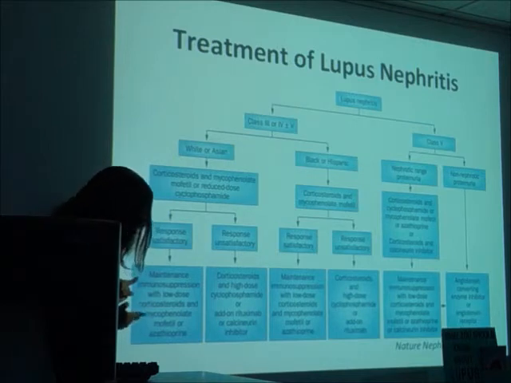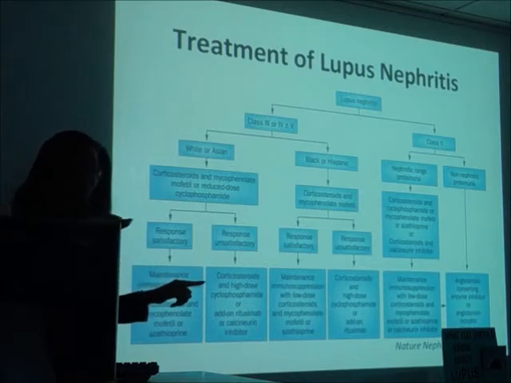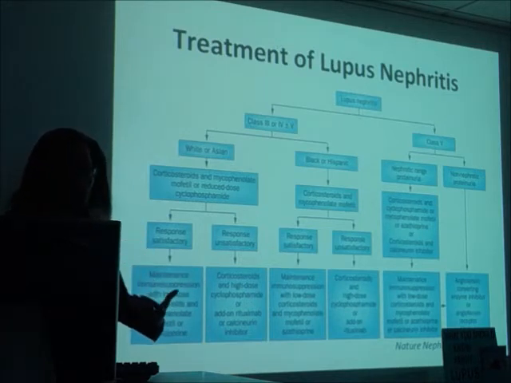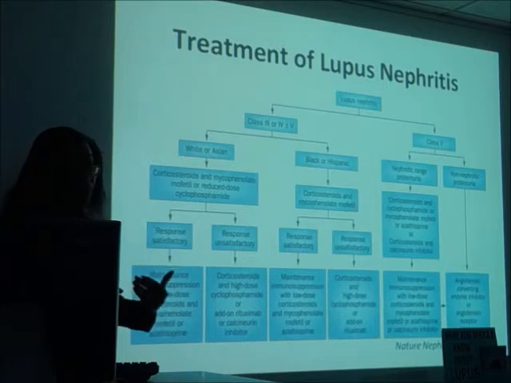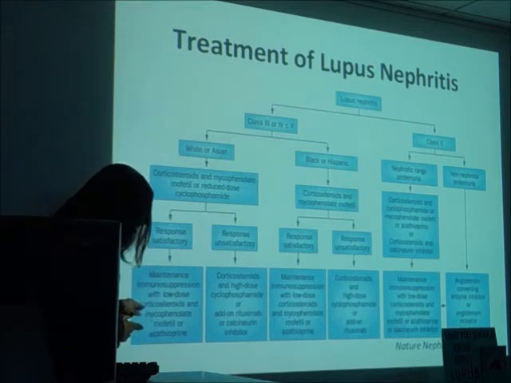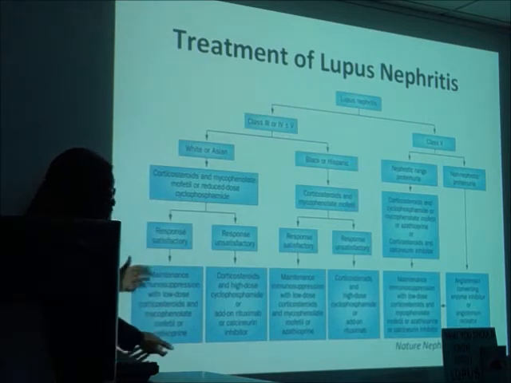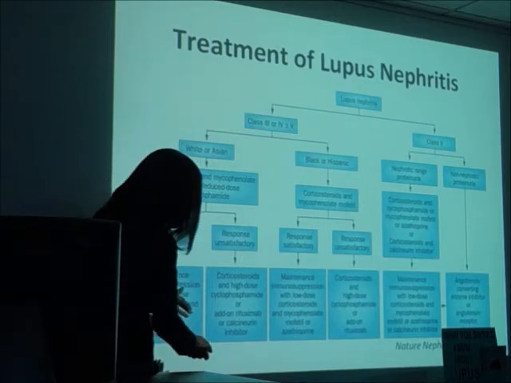So the low dose, but it's low dose because remember, all these things do have side effects if they're not monitored. And that's why, if we've got a chronic disease, we do need to keep coming to clinics. It's for the monitoring. So low dose steroids and mycophenolate or azathioprine, that's a relatively common combination.